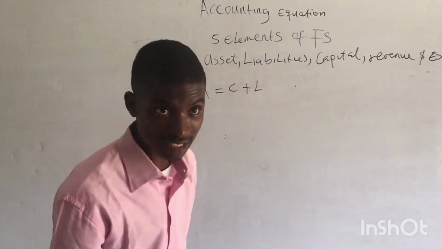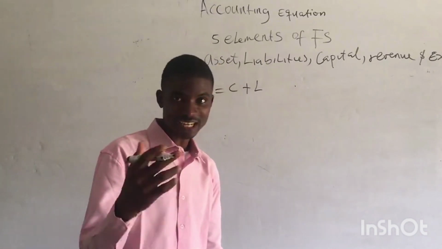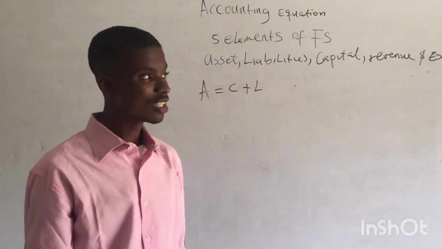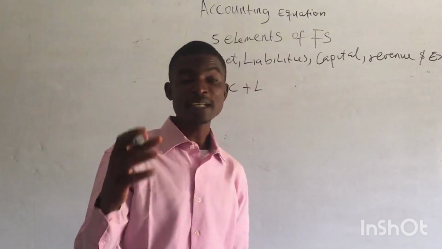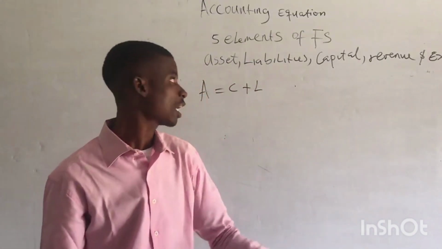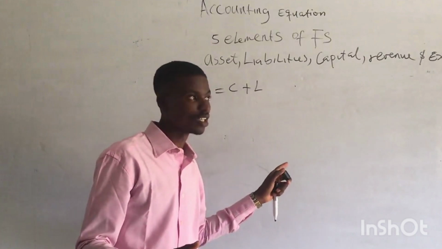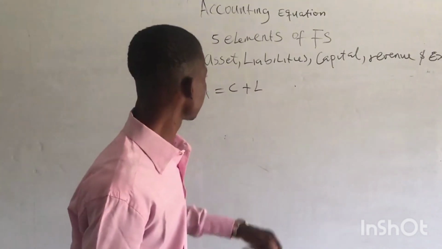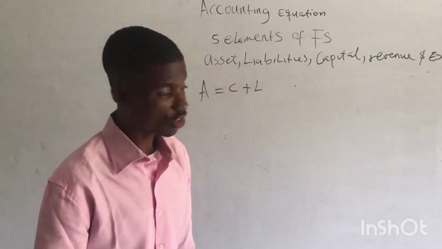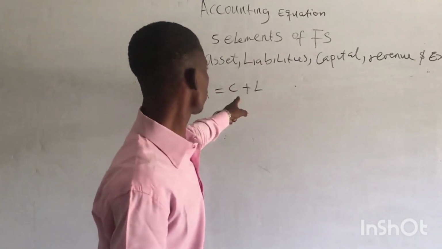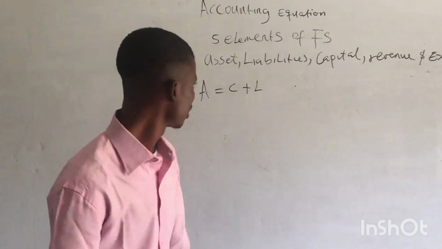Of course, you know that statement of financial position is not an account. It's just a statement, so there's nothing like debit or credit. The principle of double entry system does not apply in the statement of financial position. So what I'm trying to say is that the fundamental of the accounting equation states that asset is always equal to capital plus liability.